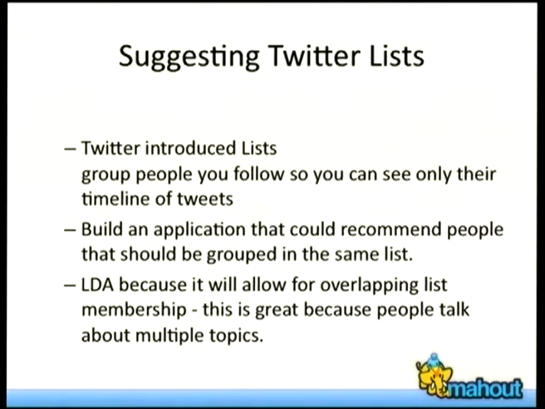So it was a nice way of breaking up things, particularly if you were following a lot of people, or a lot of people followed you, or you just wanted to create lists that you want to share with others about specific topics. And so the idea was to actually build an application that could actually recommend lists, which I would interpret as more of a clustering problem.